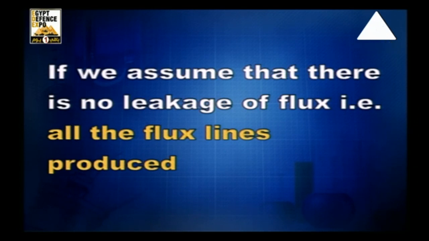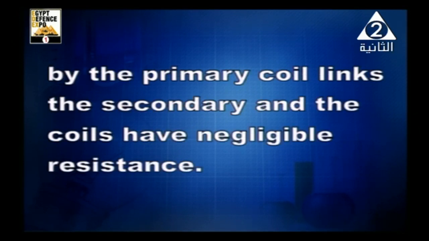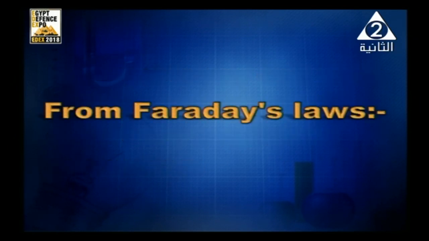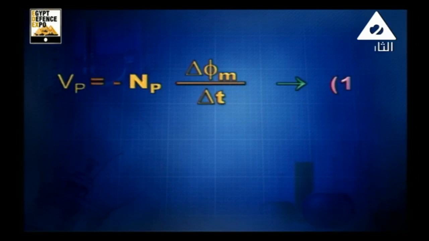If we assume that there is no leakage of flux, that's to say, all the flux lines produced by the primary coil link the secondary, and the coils have negligible resistance, we can say from Faraday's law, EMF induced in the primary, denoted by Vp, is equal to minus Np delta phi magnetic over delta t.